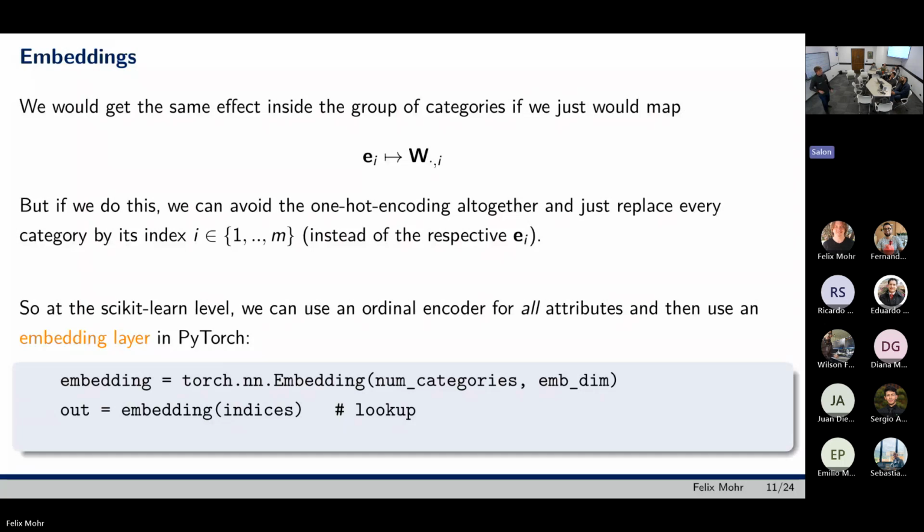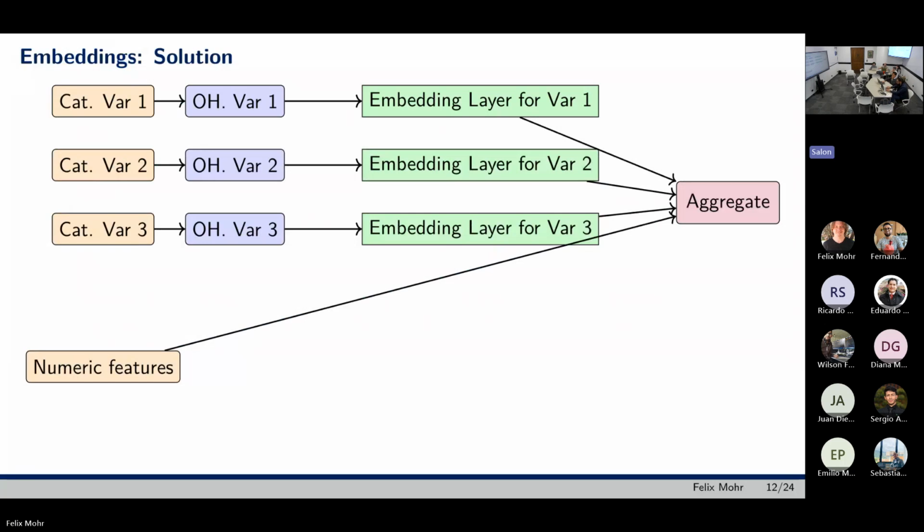The idea is that we will discuss the number of dimensions in a bit. What we really get is that we do not use a linear layer here, but an embedding layer, and we use one for each of the variables. Each of them has a separate embedding layer.